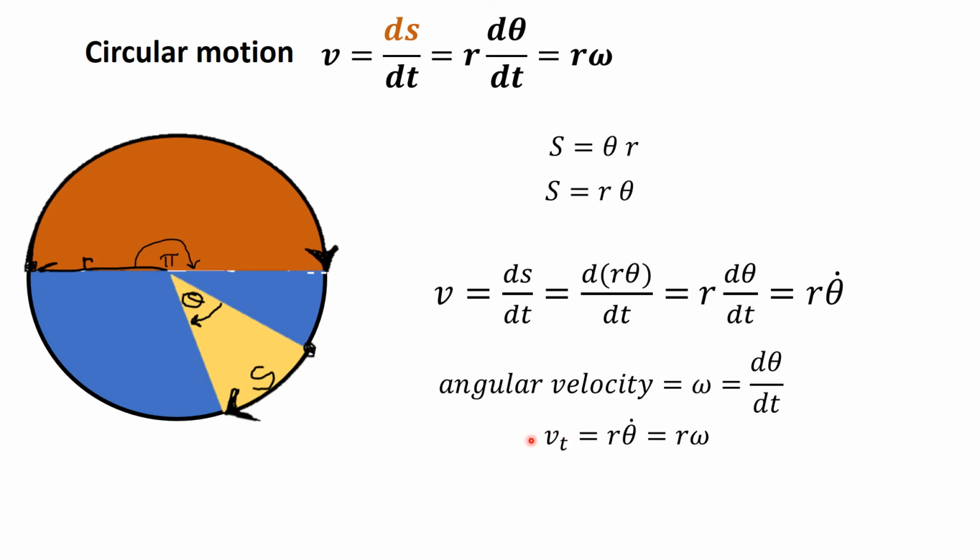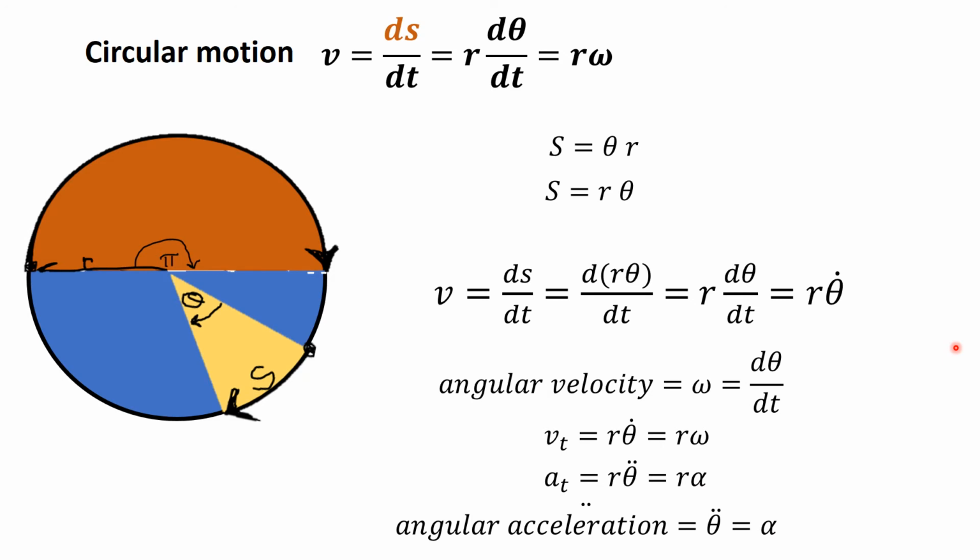If we can figure out what velocity is, what's acceleration? Well, that's just one more derivative, right? So acceleration is very similar, radius, and now we're taking the second derivative with respect to time. And in this case, we're going to call the second derivative alpha. This is angular acceleration. So not just like meters per second squared, this is how the angle is changing with time.